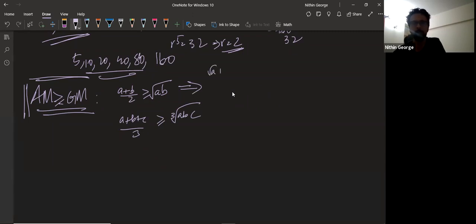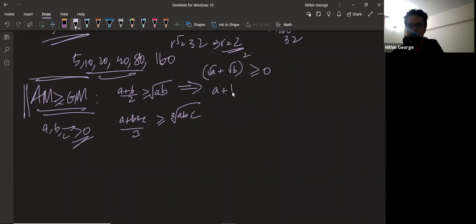Okay, AM greater than or equal to GM. So this is only when A and B are positive numbers, okay? Like all the involved numbers are greater than 0. Only then it will be true. Because square root of negative number and all, no chance. Okay, so root A minus root B the whole square. Think about this. You know any square will be greater than or equal to 0. Okay, so here what can you say?